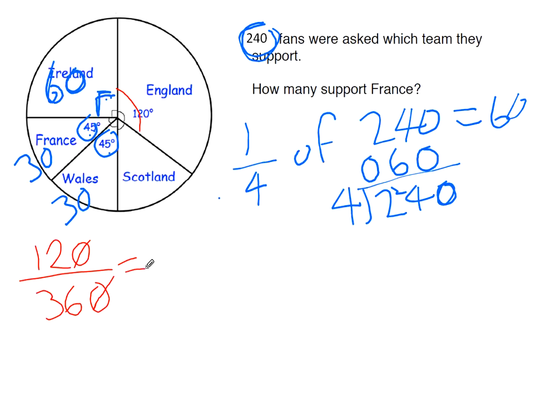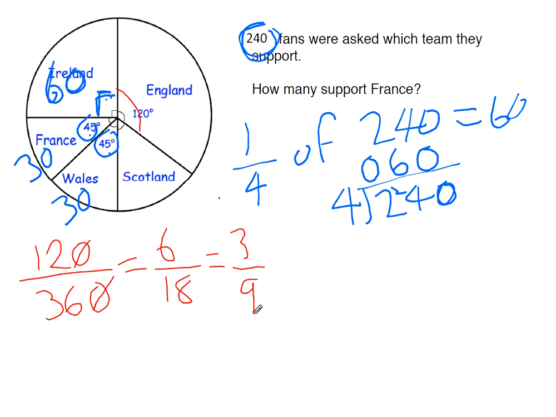For 12 over 36, you can half the top, and make sure you can half the bottom as well. We can, so half of 12 is 6, half of 36 is 18. Is it possible to half the top and the bottom? Yes, it is. That's 3 over 9. Is it possible to half the top and bottom? No, we'll end up getting a decimal number.